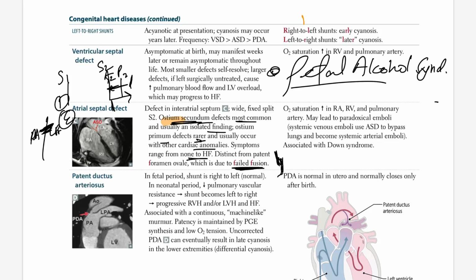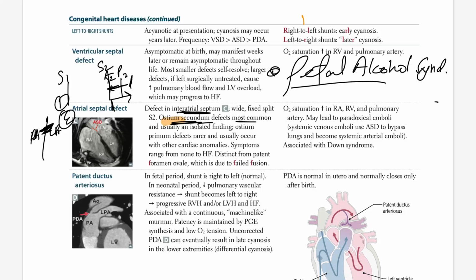Remember that in the normal embryology we did talk about this thing, and that was patent foramen ovale. If they fuse together, it's called fossa ovalis, right?